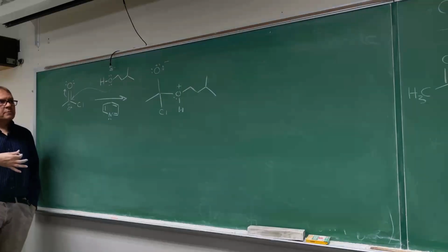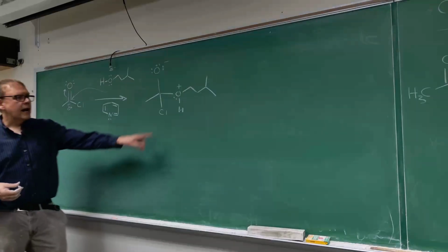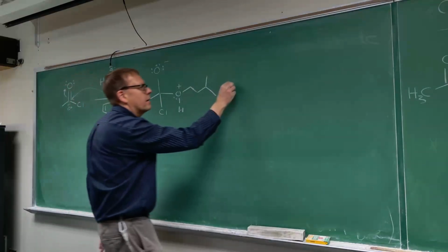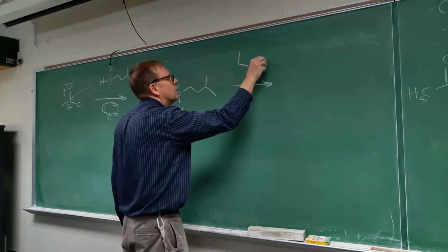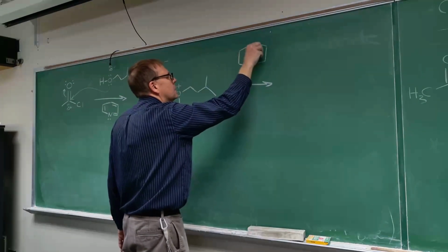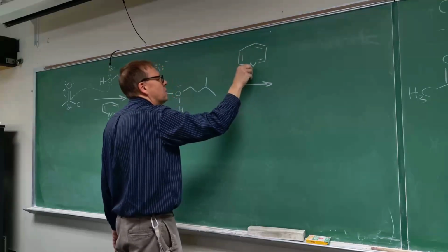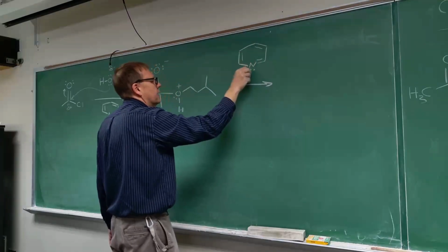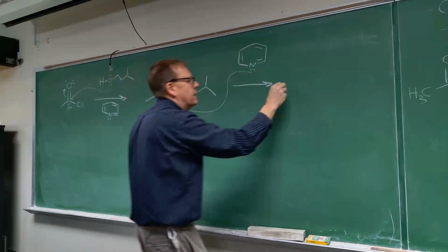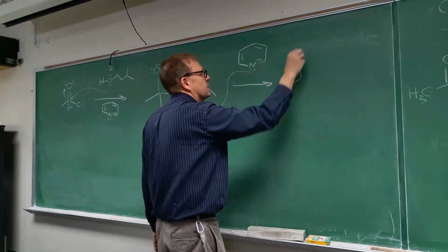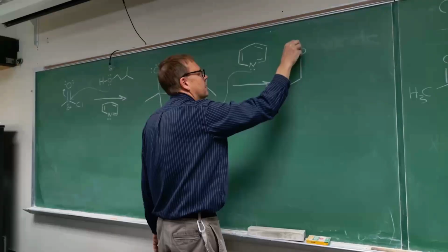And the next thing that happens is that pyridine comes by and grabs this proton. So pyridine is a weak base. It likes to grab protons like this. And then you get a species that looks like this, where there's an O- up here, like there was before.